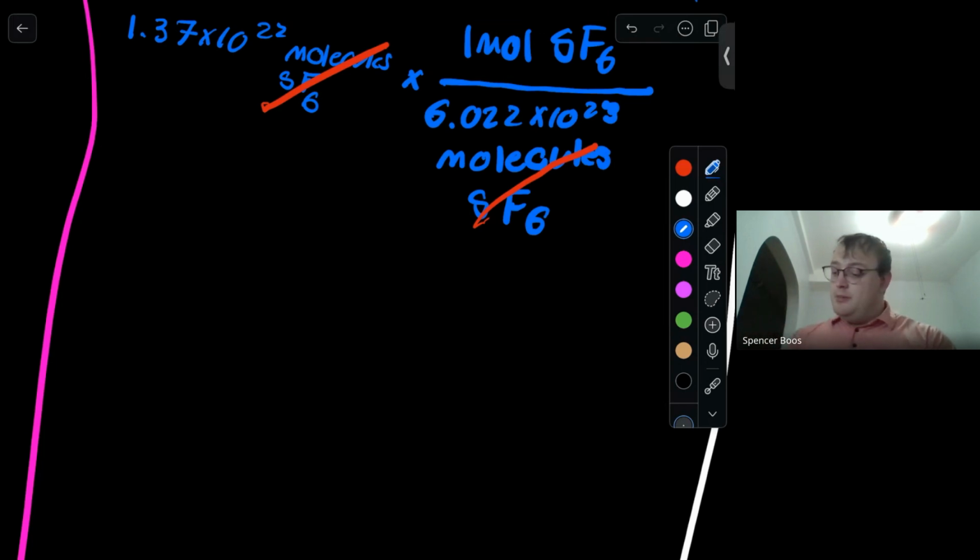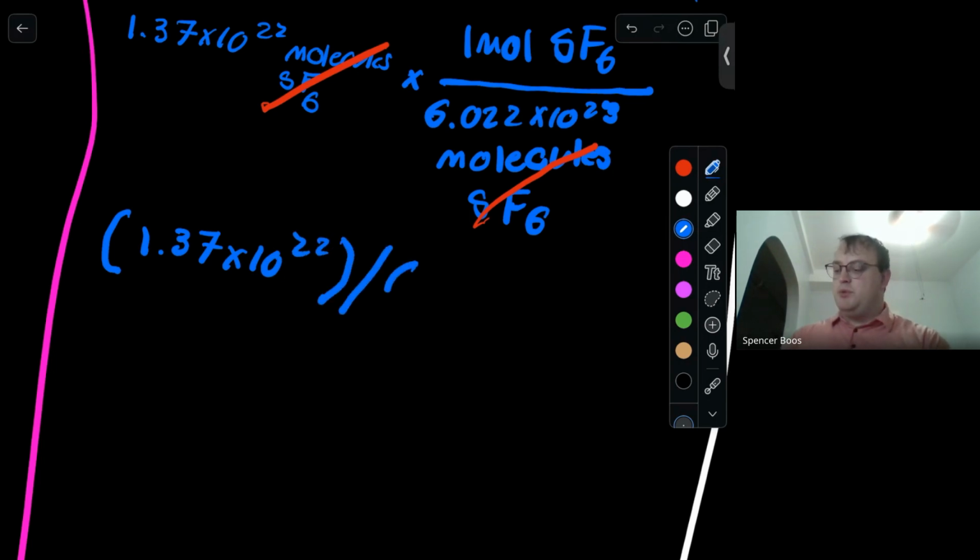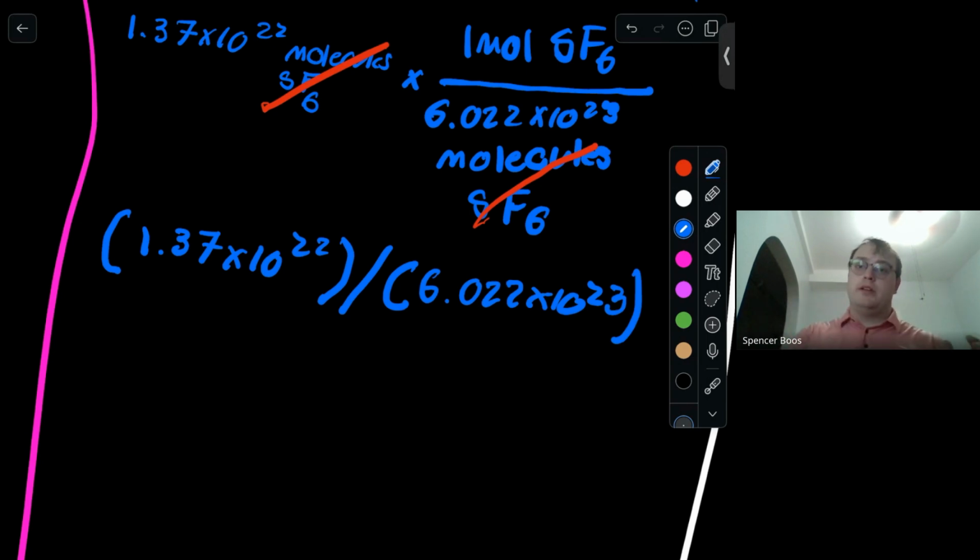So I'm left with my equation, and when you're putting this into your calculator, it's very important to make sure you use parentheses. 1.37 times 10 to the 22nd, end parentheses, divided by parentheses, 6.022 times 10 to the 23rd. The parentheses here are so important. If you don't use parentheses, your entire answer is going to be thrown off. I know it sounds redundant.